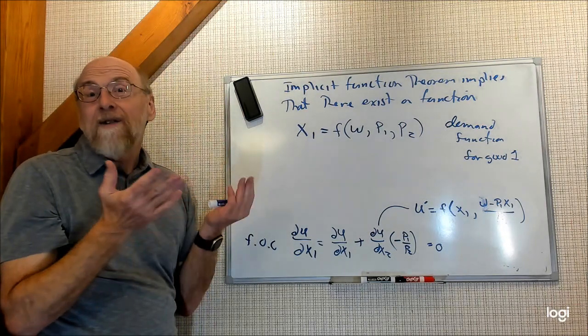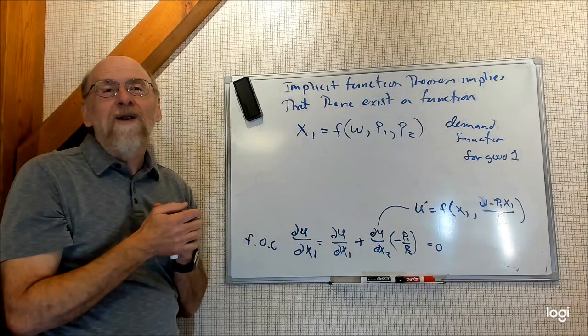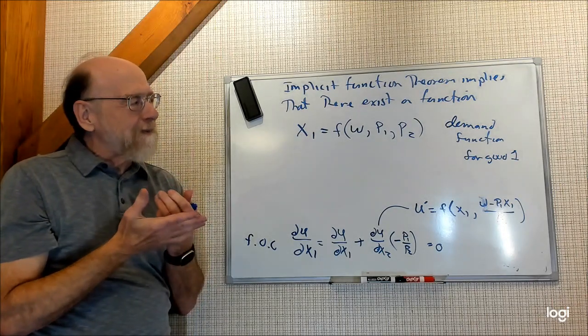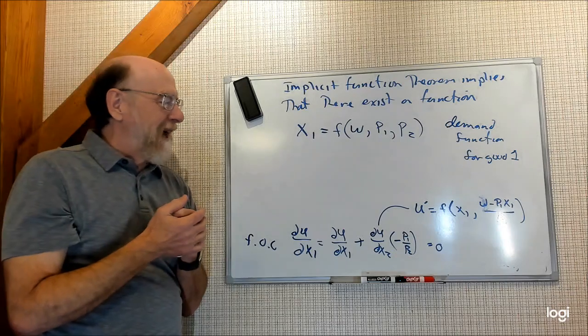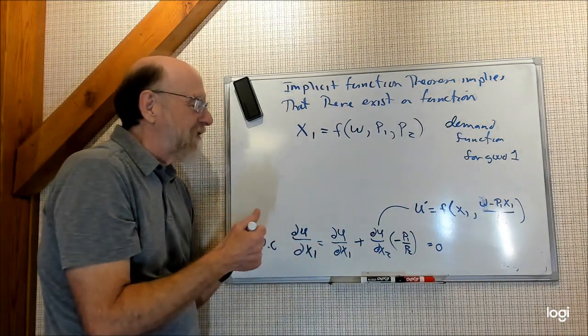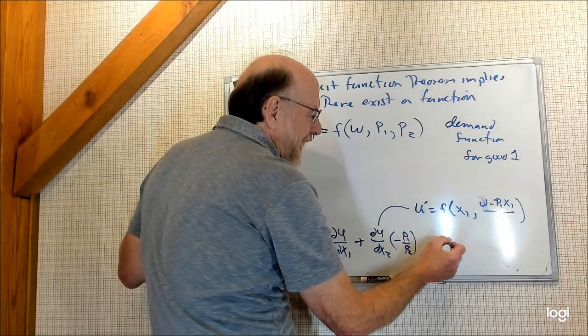Of course, you don't know too much about what that demand curve looks like at this point. But that can be figured out. Okay. Remember, this is a function that's equal to 0. So suppose we call that h.